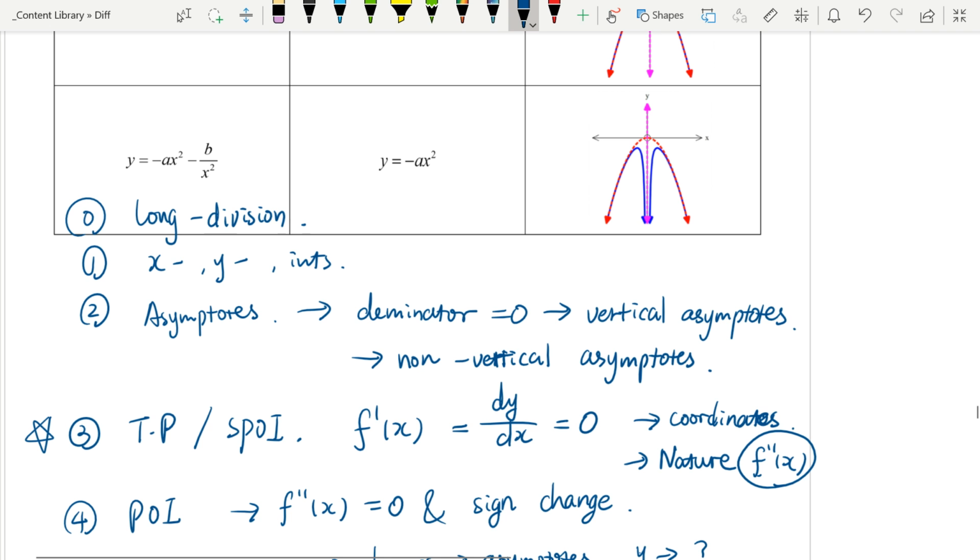If the degree of the numerator polynomial is equal to or greater than the bottom degree, then we need to do long division. Think about the power. Or if there are other ways you can quickly get it done, that's fine.